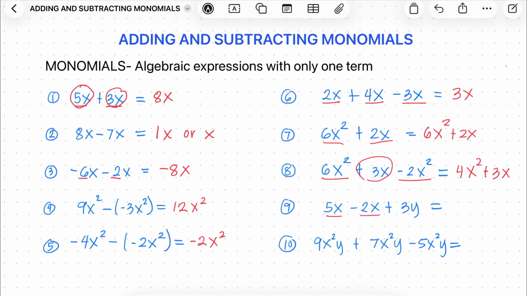So 5x minus 2x is 3x. Then just copy the 3y. Lastly, we have 9x squared y plus 7x squared y minus 5x squared y. All of them are similar, so we can just combine 9 plus 7, that's 16, minus 5, that is 11, and then copy the variable x squared y.